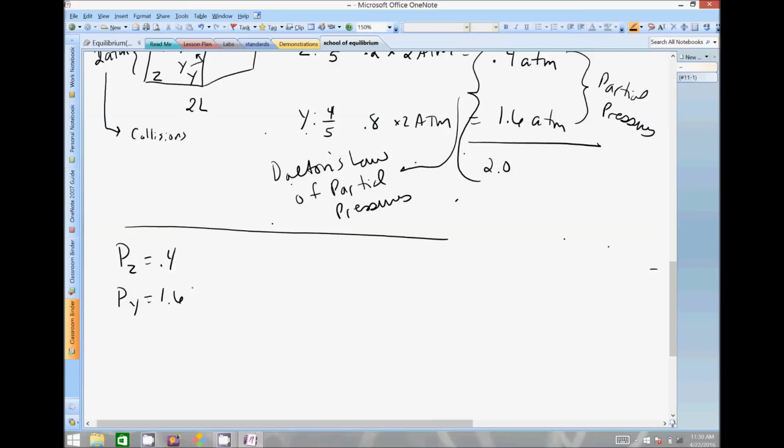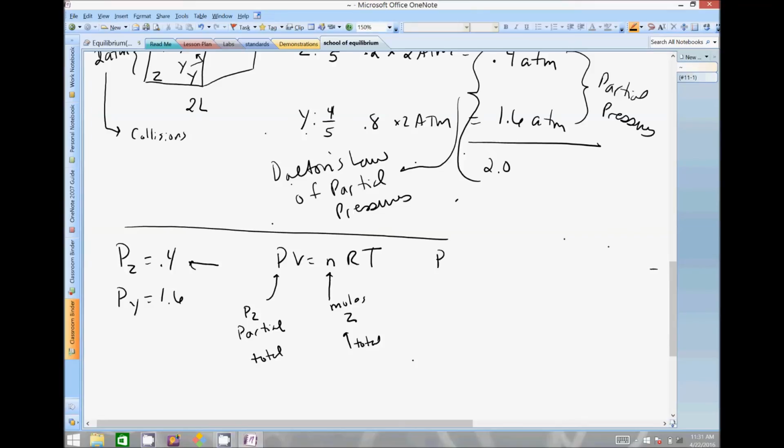Now, you should be aware that this 0.4 could also be calculated via PV equals nRT. If I put in just the moles of Z, then I'm just going to get the pressure of just Z, which is the partial pressure. If I were to put in the total moles, then I would get the total pressure.